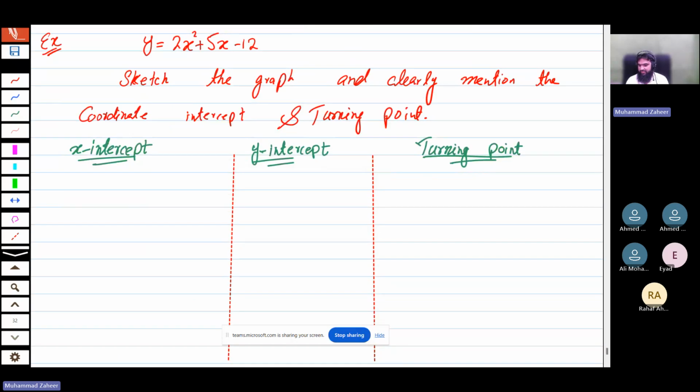So for the x-intercept, we substitute y is equal to 0, and for the y-intercept, we will substitute x is equal to 0.